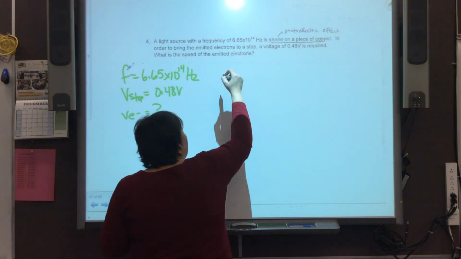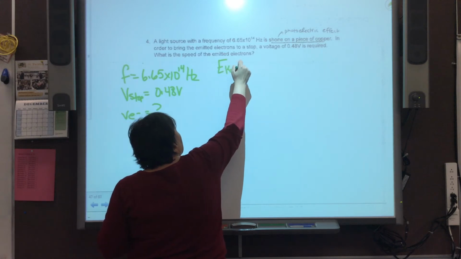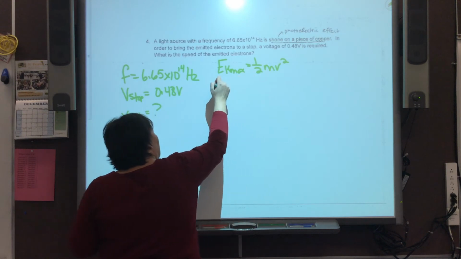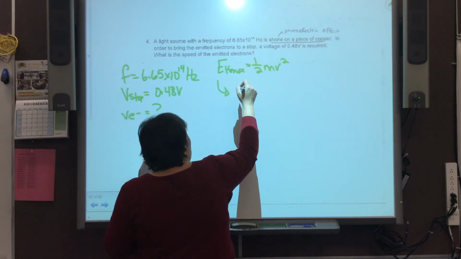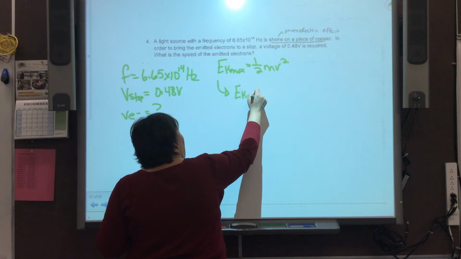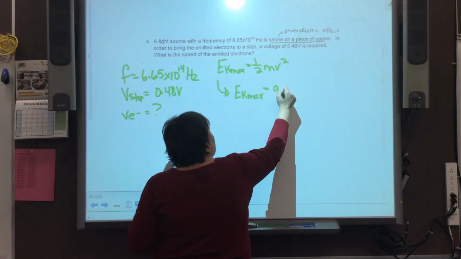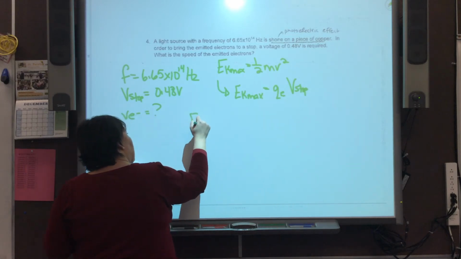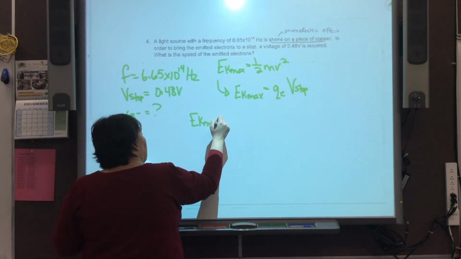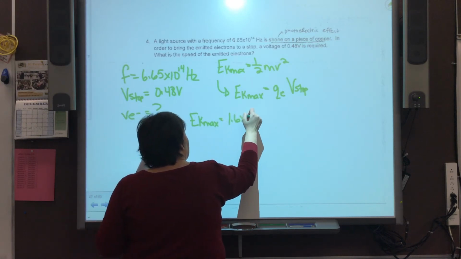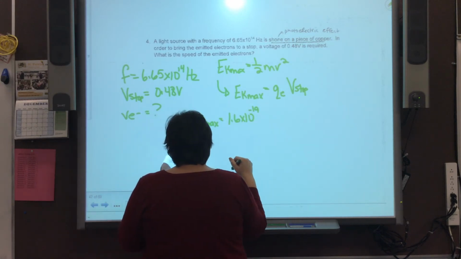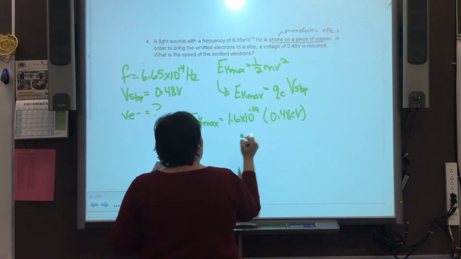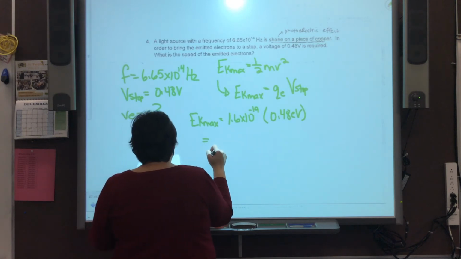In order to find velocity, we need EK max is equal to 1/2 mv squared. In order to get this, we know that EK max is equal to the charge of an electron times the stopping voltage. So EK max is equal to 1.6 times 10 to the negative 19 coulombs, which is the elementary charge, times 0.48 volts.